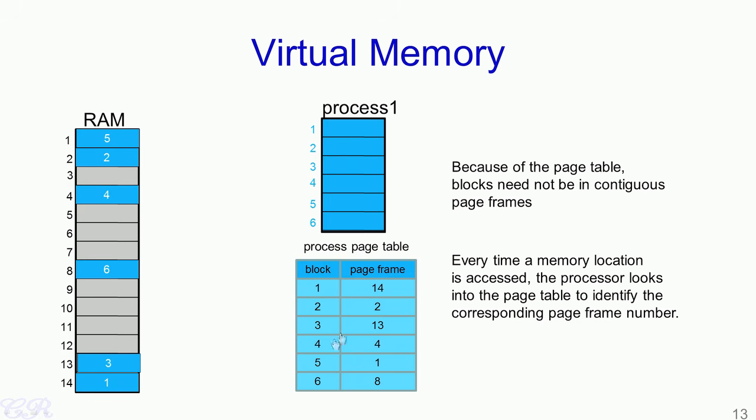This lookup into the page table is the extra overhead, and typically this overhead is partially mitigated by using something known as a TLB cache, or Translation Lookaside Buffer cache.